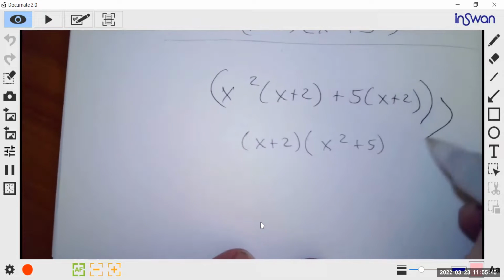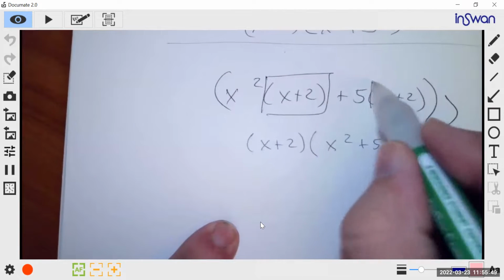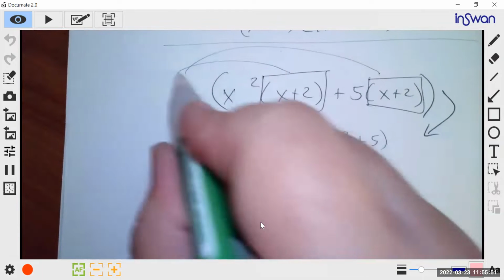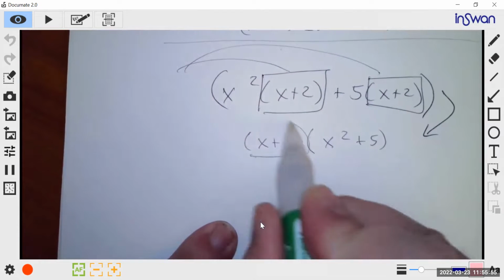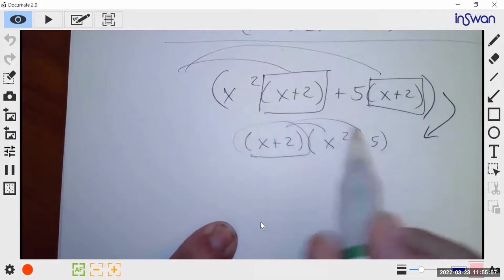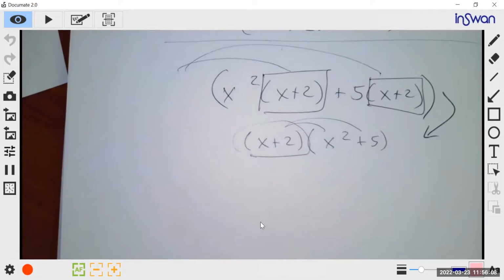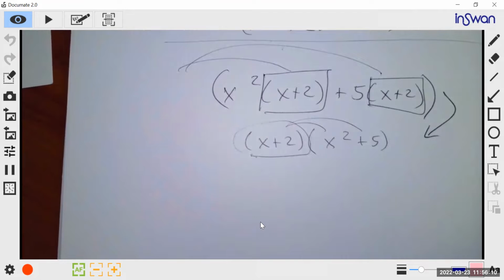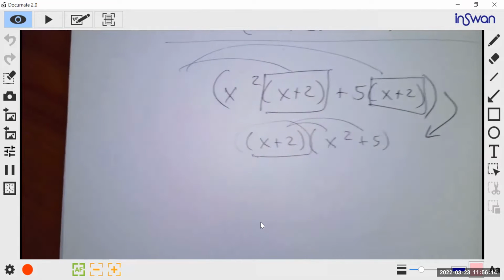So I went from here to here. I just moved those out in front. Because now, if I took this equation here and multiplied inside there, I get the same thing. You have to be able to check your steps. That confuses most people when we do the grouping method, that one part right there.